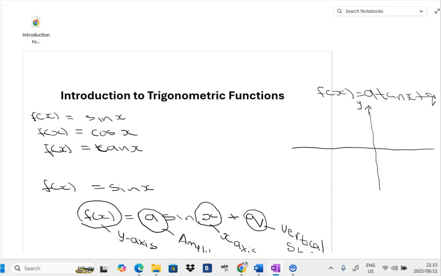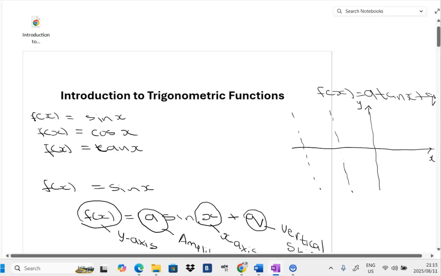So you'll have an asymptote at 90, and you also have an asymptote at 270. Okay. So the graph is never gonna touch the asymptote.